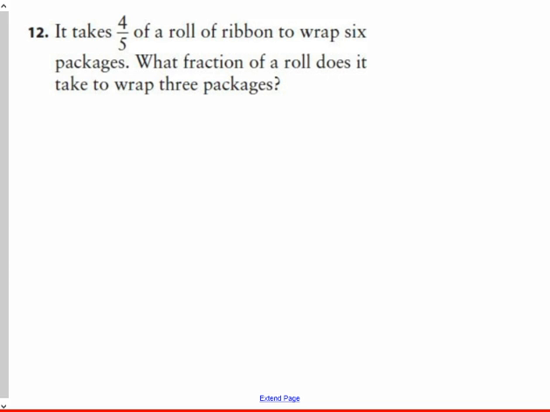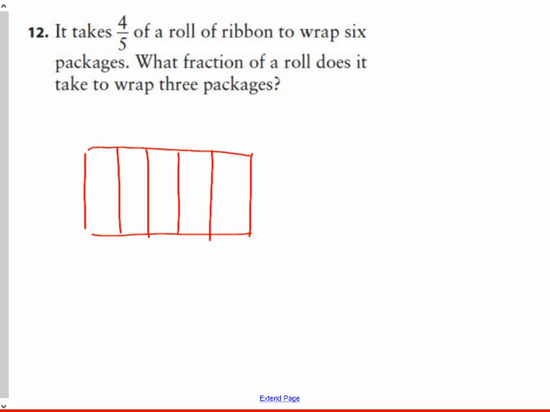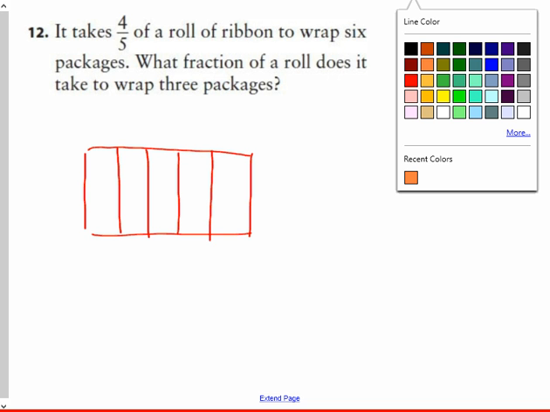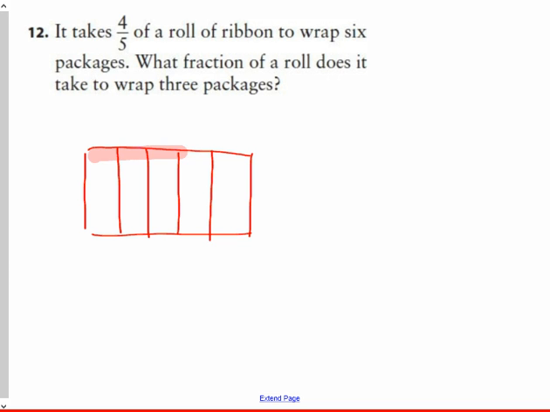It says, it takes 4/5 of a roll of ribbon to wrap 6 packages. This is much easier. Let's draw a roll of ribbon. 4/5. You know what? Just because it's ribbon, and ribbon reminds me of pink, I'm going to make the ribbon pink. Okay, so there's our ribbon. Interesting.